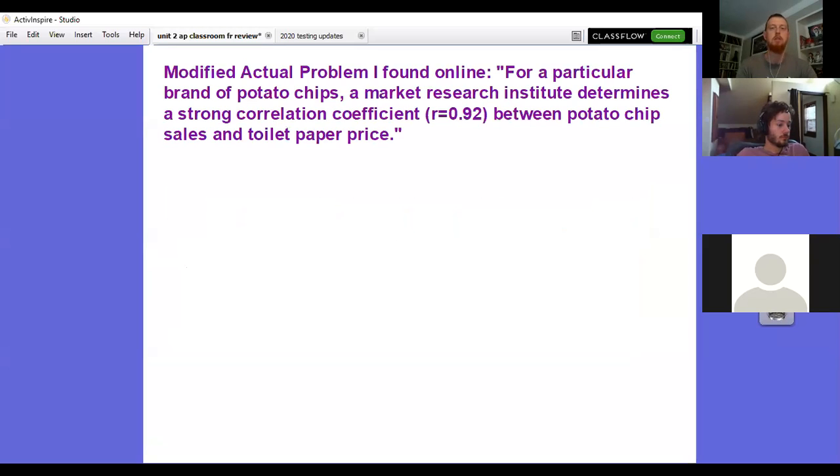So if you don't understand how correlation works, you might look at this and say, my goodness, if I'm a toilet paper producer, I really need to call up my potato chip selling friends and make sure that they sell more potato chips, because as more potato chips are sold, it's causing the price of toilet paper to go up.